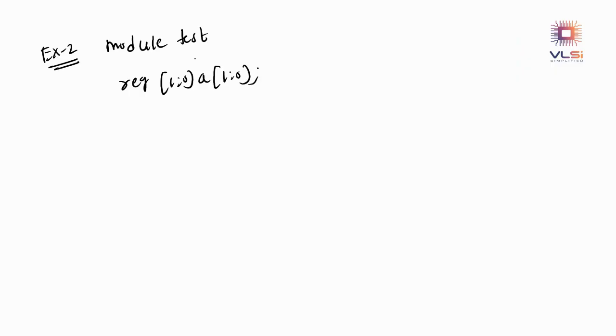Suppose, for example, module test, reg [1:0] a [1:0]. Here the first is a vector and this is an array. So how many bits? Here 2 bits are stored. And how many locations? 2 locations.